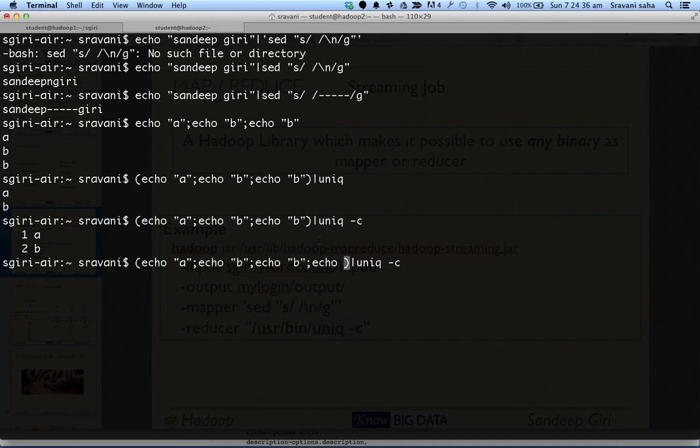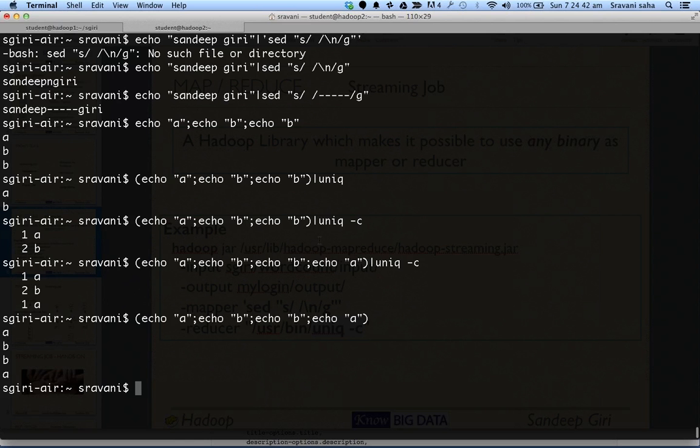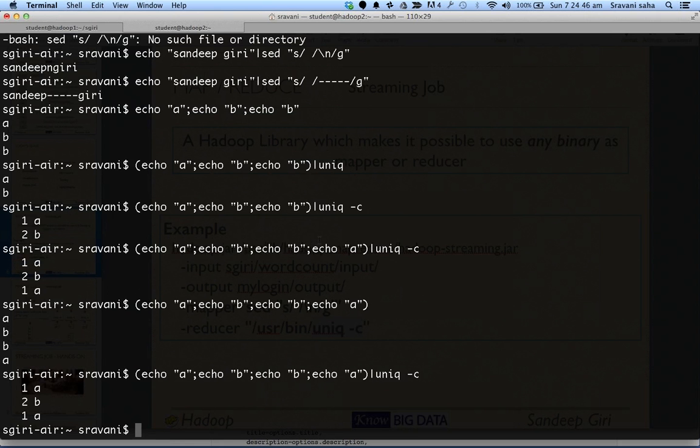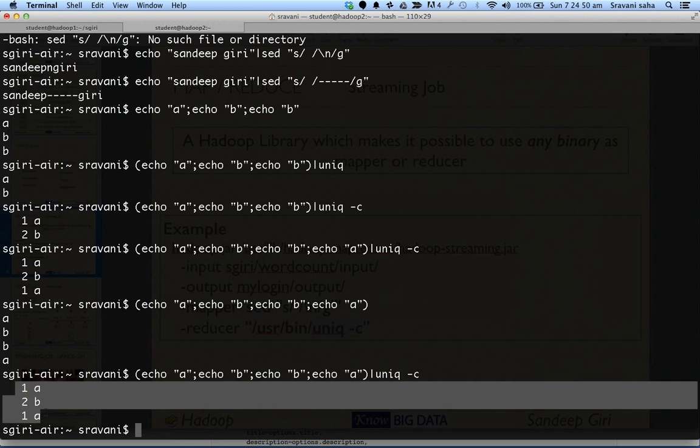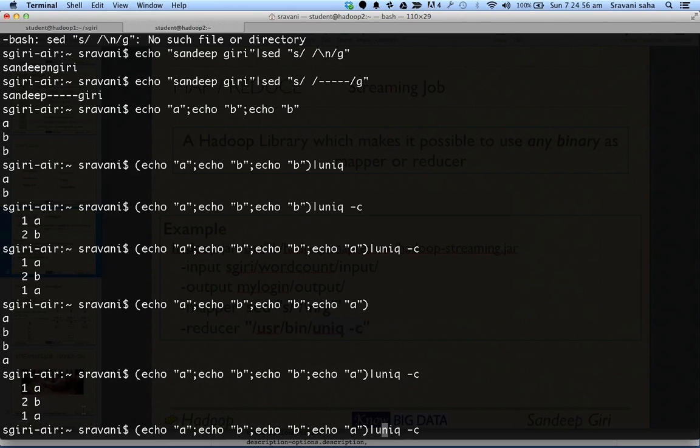I'll show you. Echo A, B, B, A. If you pass it to uniq -c, you get strange results. Ideally it could have been two A's and two B's, but it did not work that way, because uniq expects the input to be sorted.